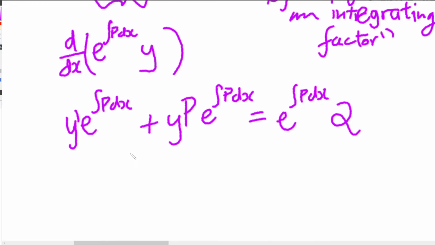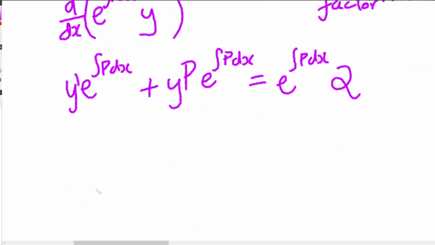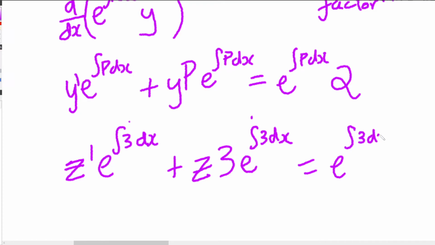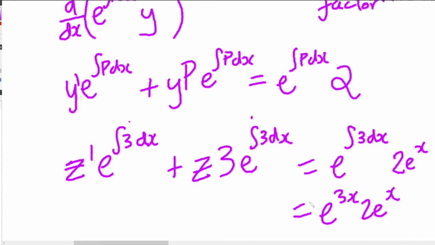But anyways, once we have it in this form, which I could rewrite out now as z prime e to the integral of 3 dx plus z times 3 times e to the integral of 3 dx, where we take the constant of integration here as 0 just to make things a bit simpler, equals e to the integral of 3 dx times 2e to the x, which is e to the 3x times 2e to the x.